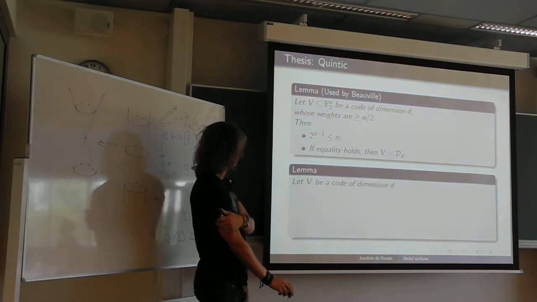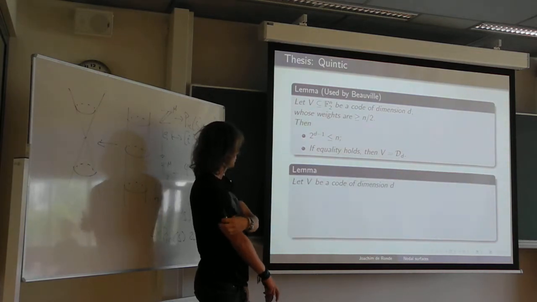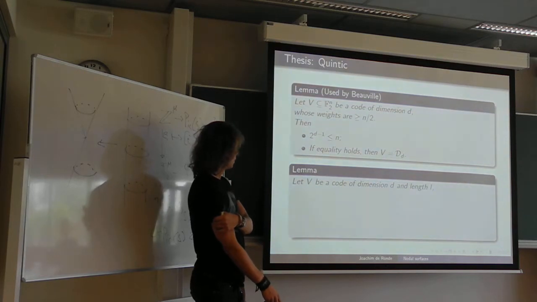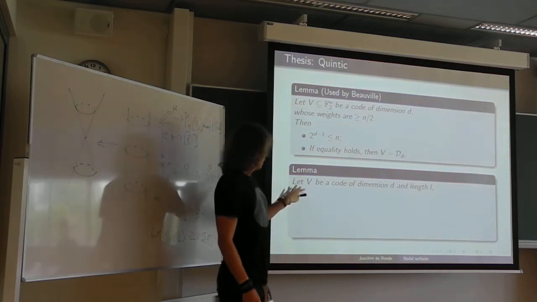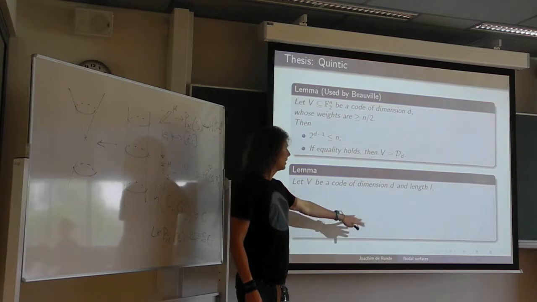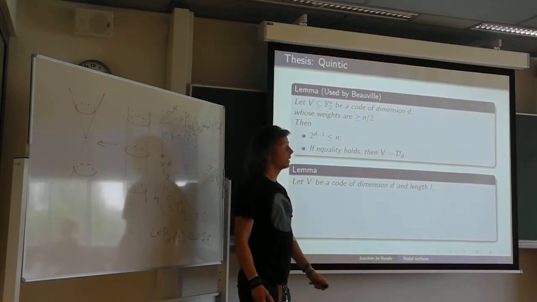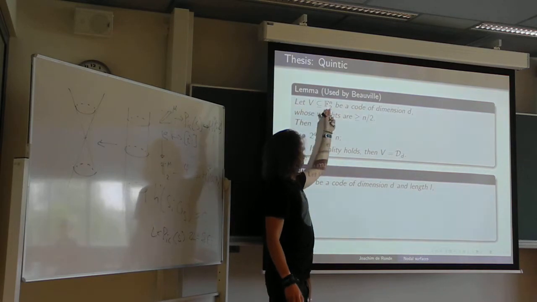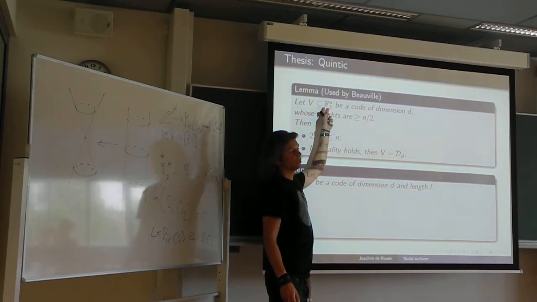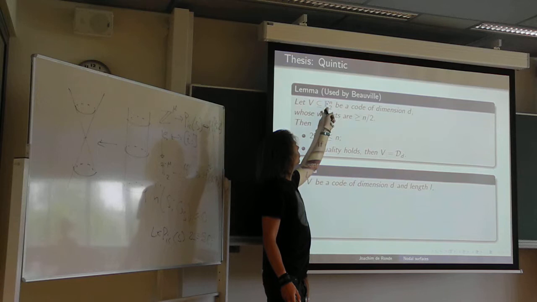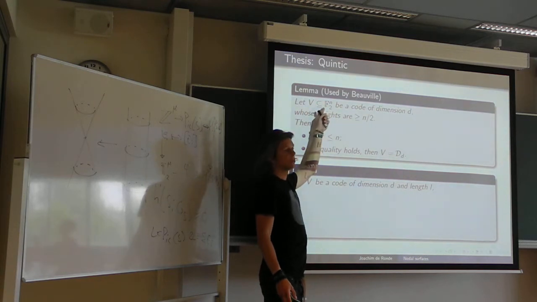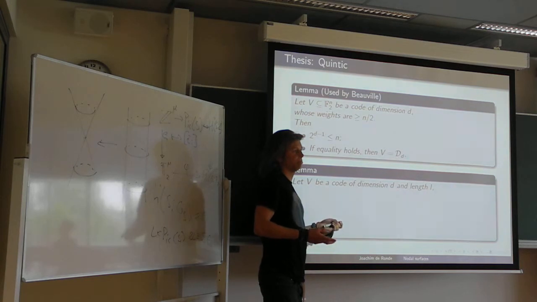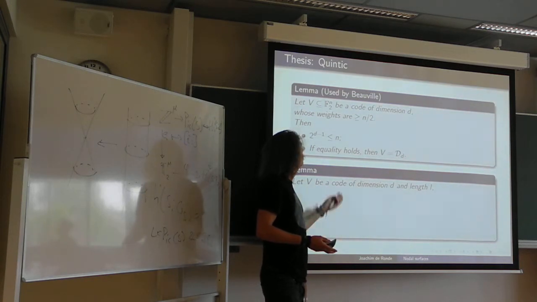Then another method based on the reasoning of Pignatelli and Pinoli, the second case, is the following. If we have a code of dimension D and length L, what is the length? I have to tell you now. If you embed a code in an ambient space, you can imagine that if there's a coordinate of this F^n where for all vectors it is 0, it doesn't really carry information about the code.